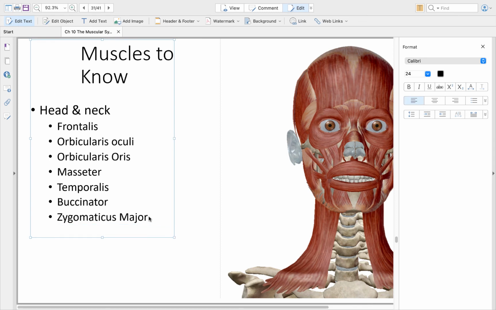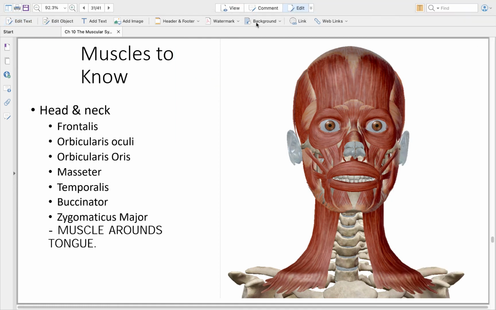Okay. I'm just going to put muscles around the tongue. Make sure you know those. Okay. Let's go ahead and move on.